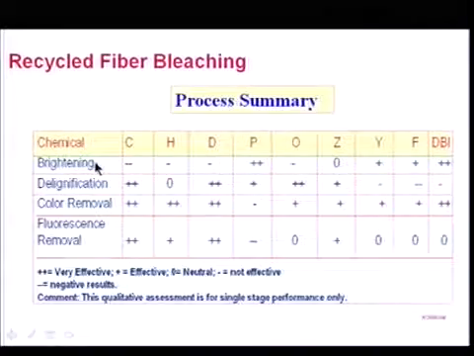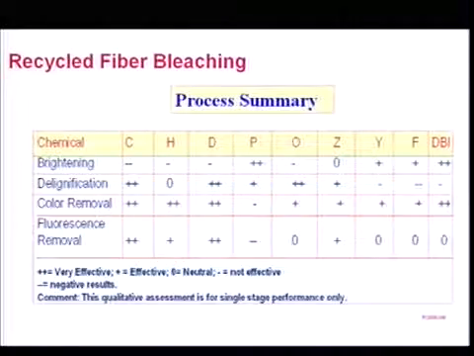Here I have various functions of color removal. The brightening step, modification of lignin, delignification, removal of lignin, decolorization, color removal, and fluorescence removal, FWA removal. If you have 2 pluses, the process is very effective in working on that particular function.